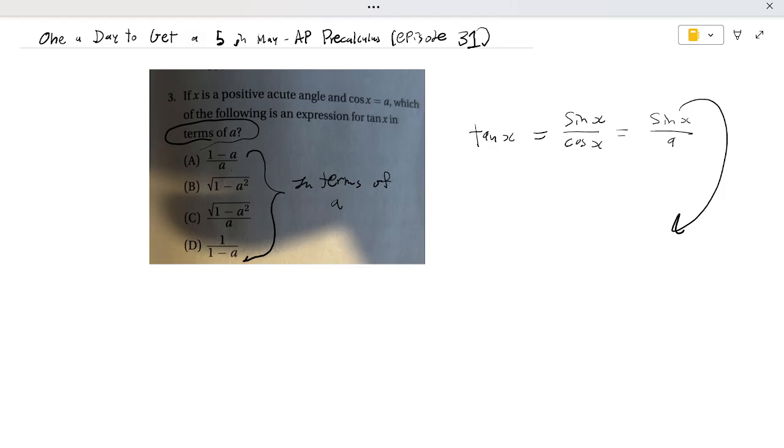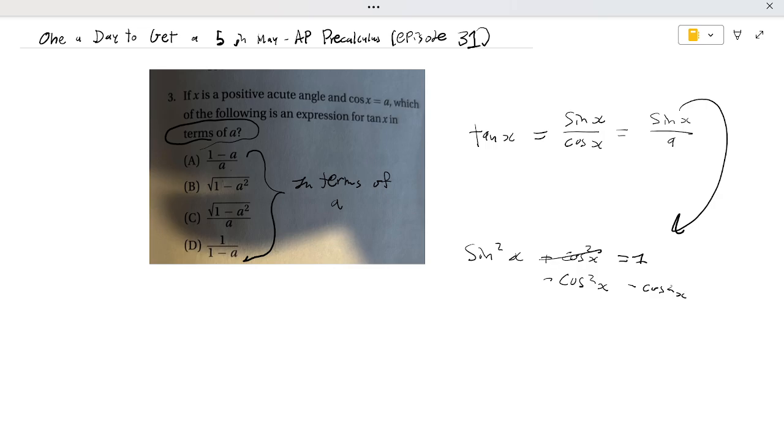So what we're going to use is one of the Pythagorean identities, because there's three, which is sine squared x plus cosine squared x is equal to 1. So to get sine of x by itself, we're going to subtract cosine squared x from both sides.